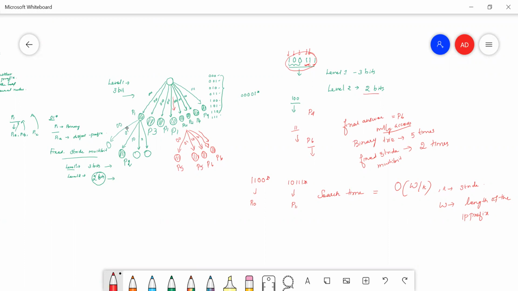You can see the first 3 bits of the incoming prefix P10 are 110. Which part do you need to take? 110 is this part, P4. So from P4, we'll have the expansion.